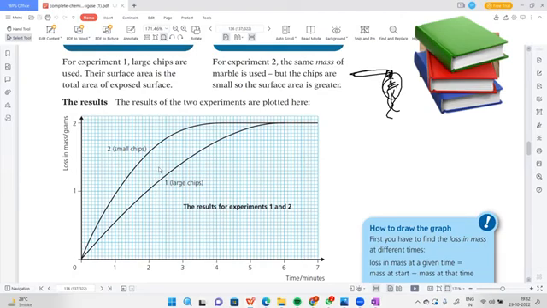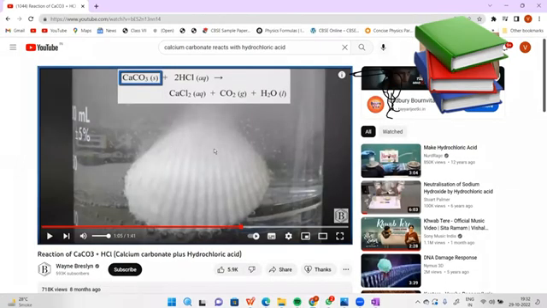When there is only one shell, as in this experiment, then less carbon dioxide is there. But if there are 10 shells, more rate of reaction, and more carbon dioxide will evolve out.